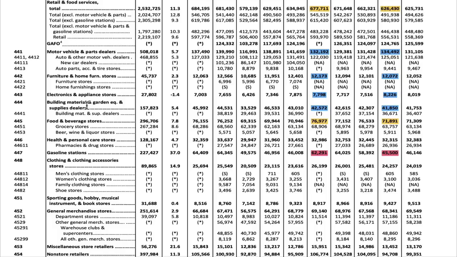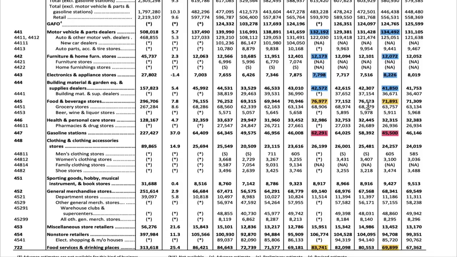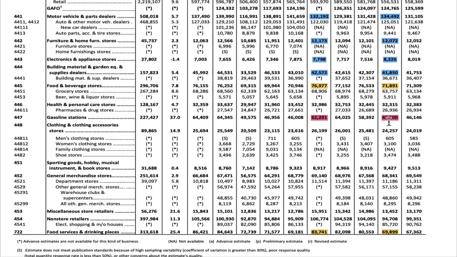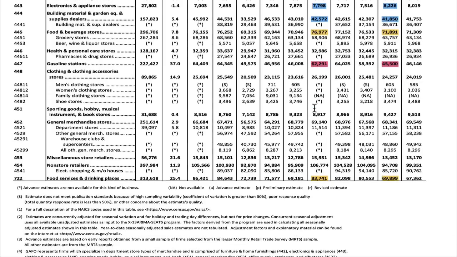Building materials, garden and supply dealers, 41 to 42. Just a small bit of growth on that one. Food and beverage stores, 71 to 77. Nice jump there. Gasoline stations, look at this, 45 billion to 62 billion. So that is 17 billion year over year that got taken away from other categories.